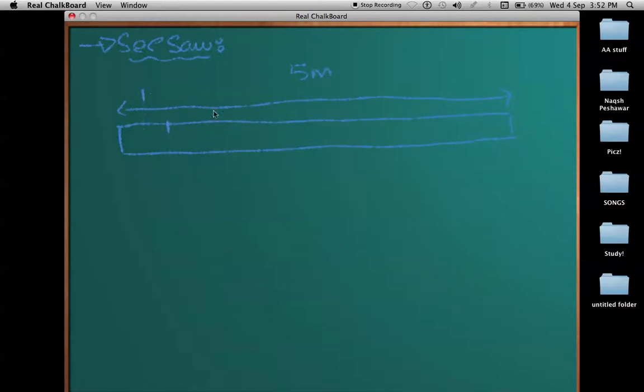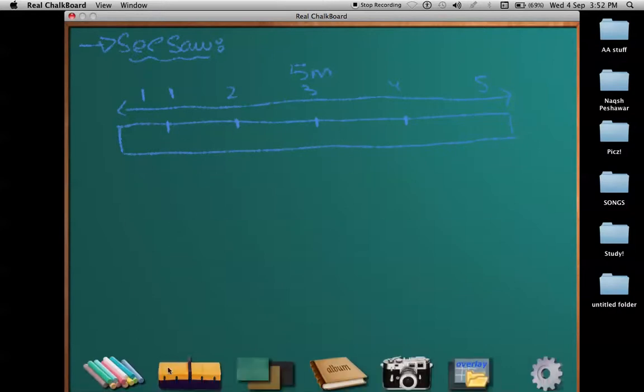This is the first meter, the second meter, the third meter, the fourth meter, and the fifth meter. So this is the situation here. This does not look really proper because I haven't calibrated this properly, but let's just assume it is this way.